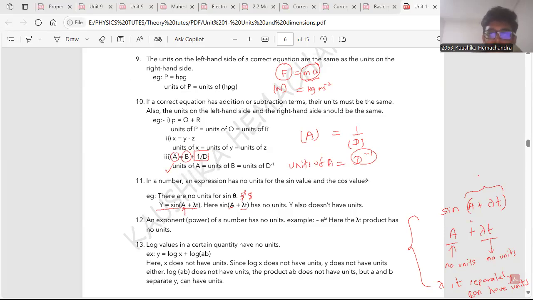Sine, cos, tan, all three are like that. Also tan values as well.